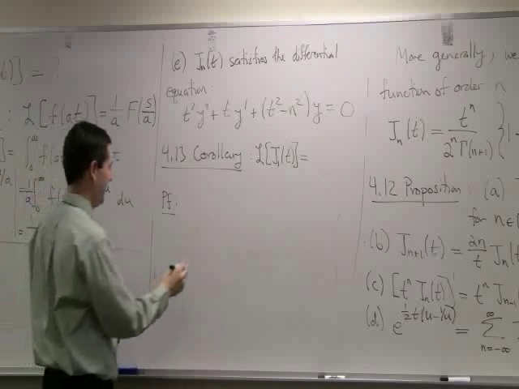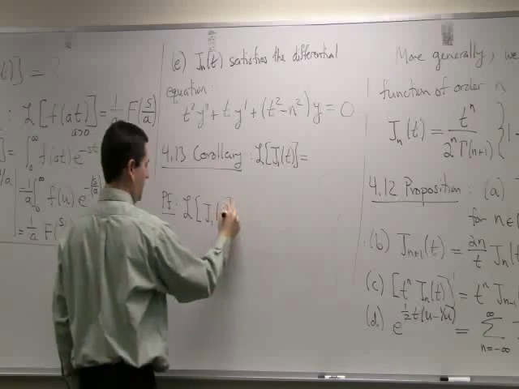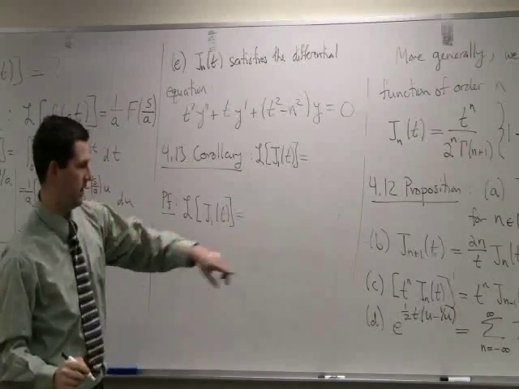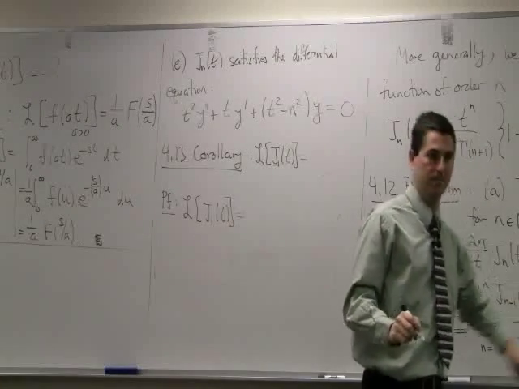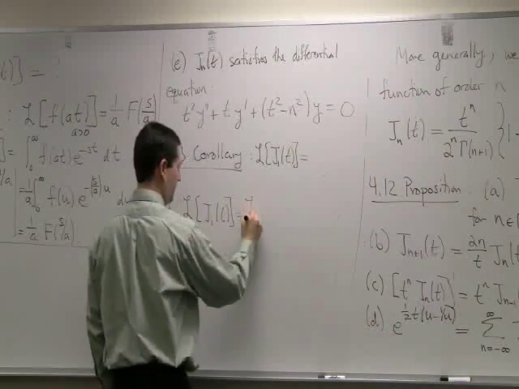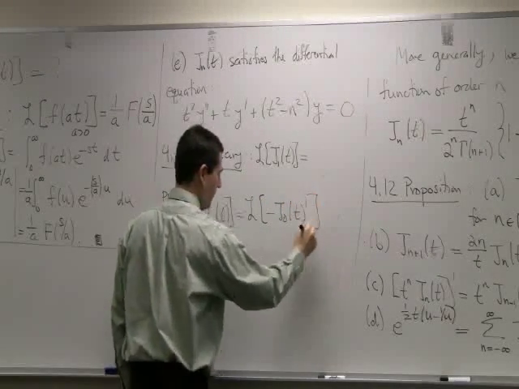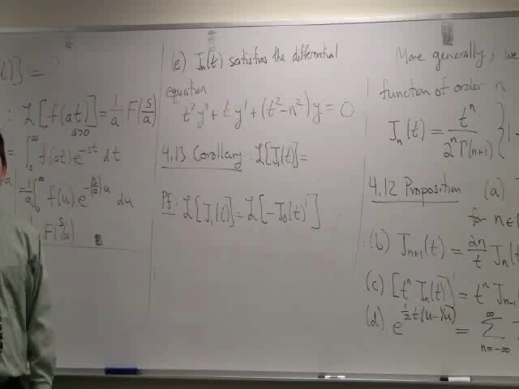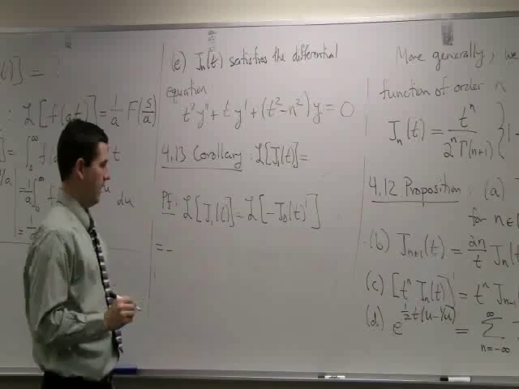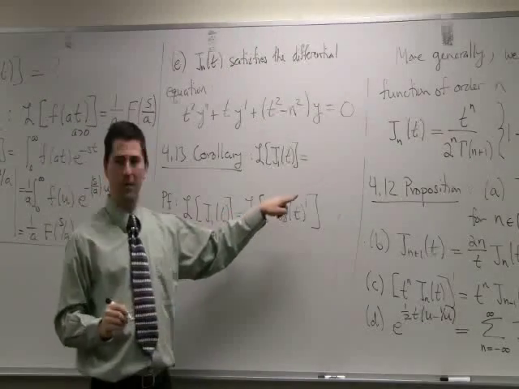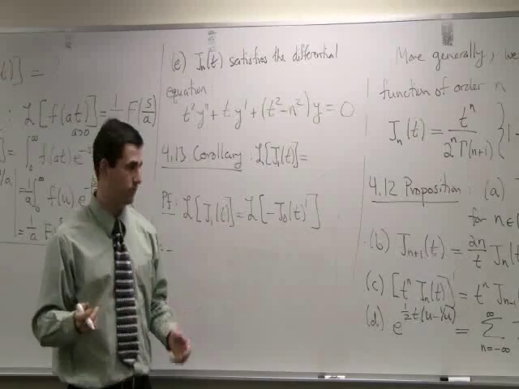So the Laplace transform of J1 of t is, well, J1 of t is negative J0 of t prime. So this is the Laplace transform of negative J0 of t prime. Of course, the negative can come out. And then you're taking the Laplace transform of the derivative of a function.